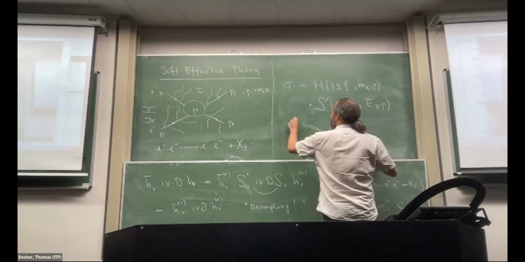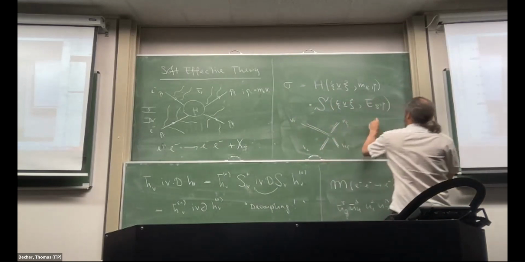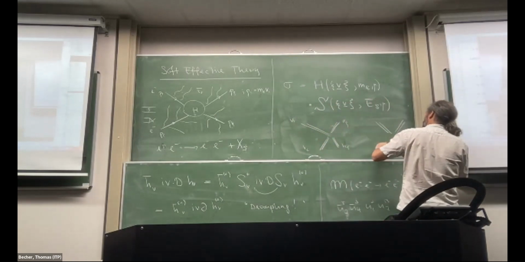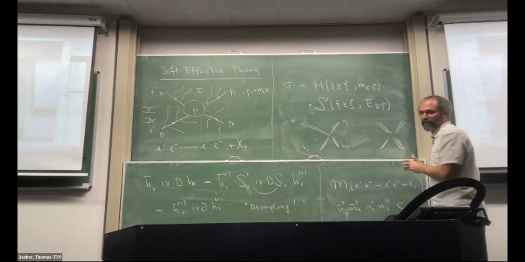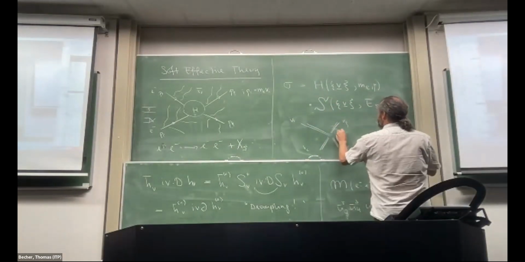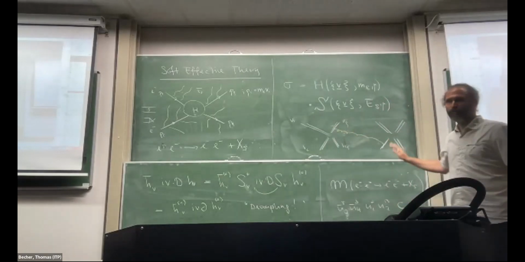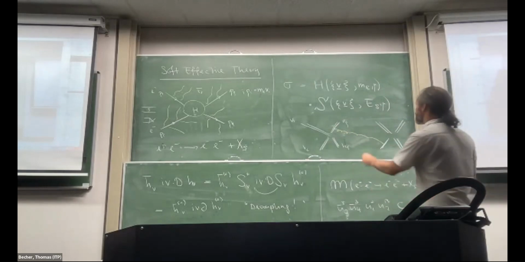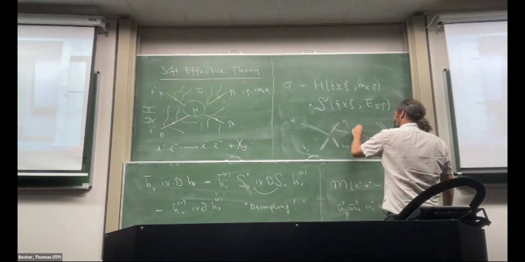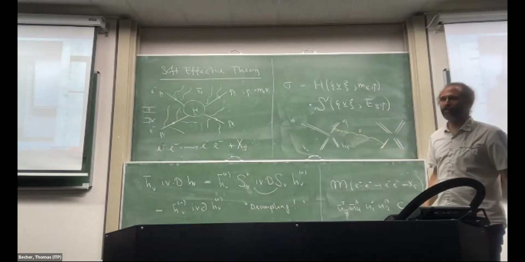So this is E1, E2, E3, E4. And now you take the soft photon here and go from one leg to another. So we compute things like this. This is just one soft photon, or you can do things with 5 photons.